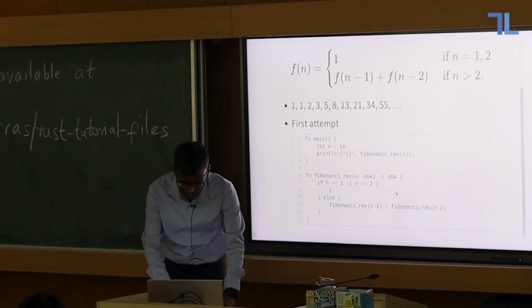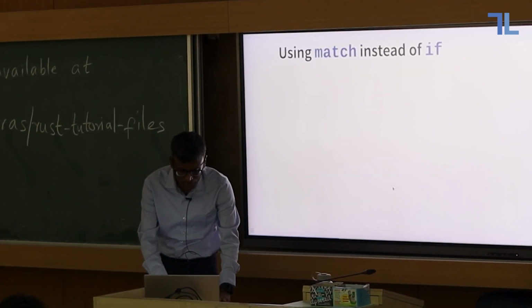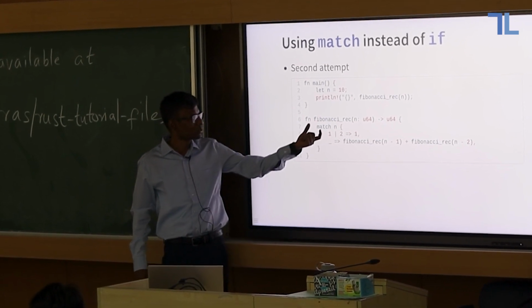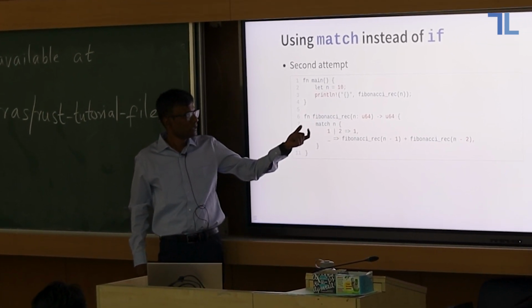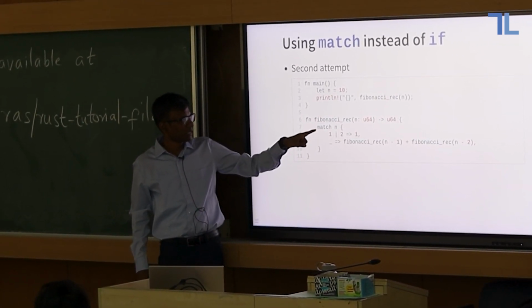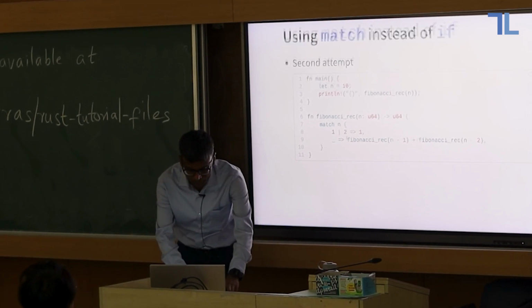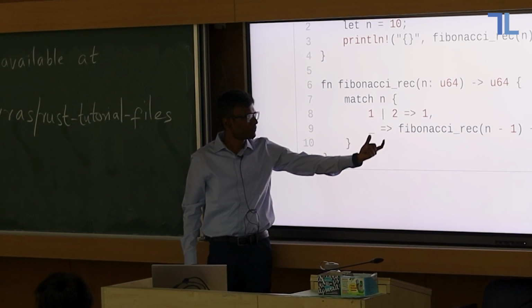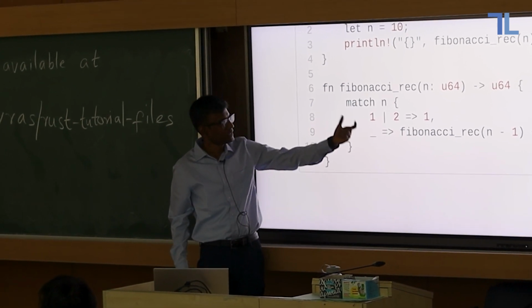You can do it slightly differently using a match statement. So match is also a form of control flow. The syntax is match n, then you can have multiple conditions.